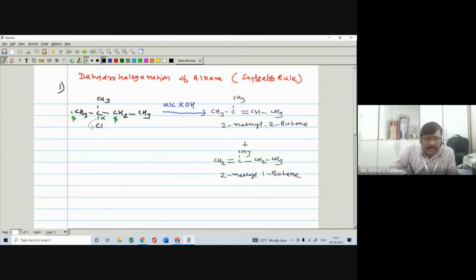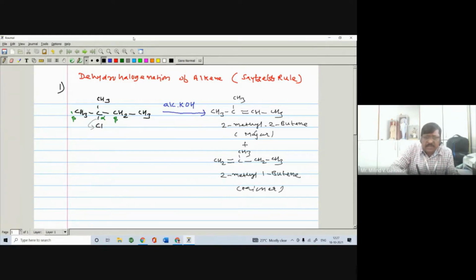So from the 2-chloro 2-methyl butane, you can get the two compounds. Then a question arises: which is the major? The major is the compound in which more alkyl groups are directly attached. So the first is the major compound, and the second is the minor compound.